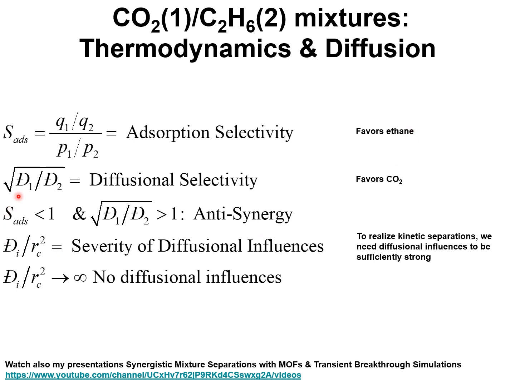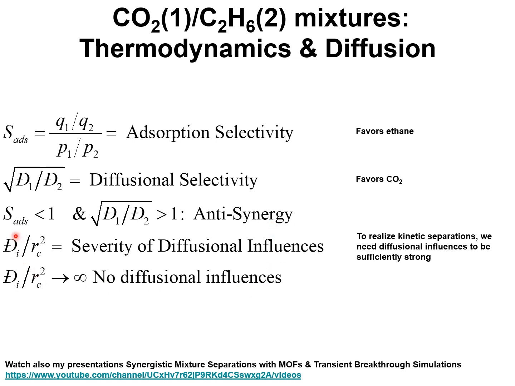We define the diffusion selectivity as the square root of the ratio of the Maxwell-Stefan diffusivity of component 1 to that of component 2, that is CO2 to C2H6, and the diffusion selectivity favors CO2. So we have a scenario in which the adsorption selectivity is smaller than unity and the diffusion selectivity is larger than unity. In other words, we have anti-synergy between adsorption and diffusion.